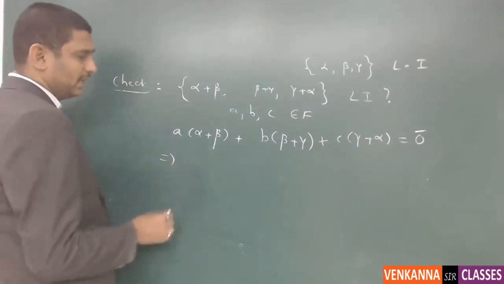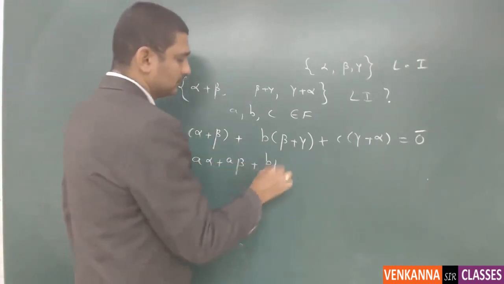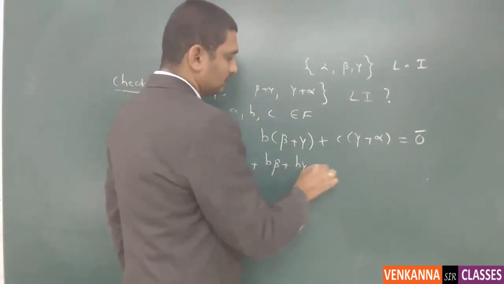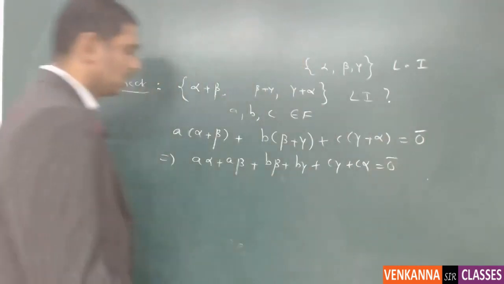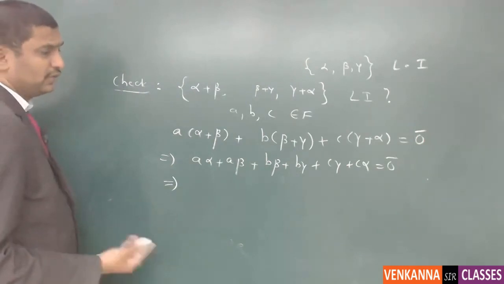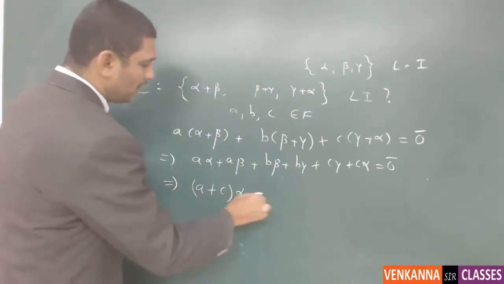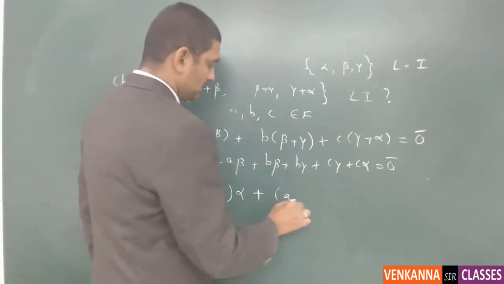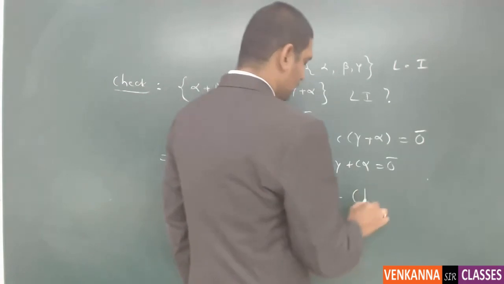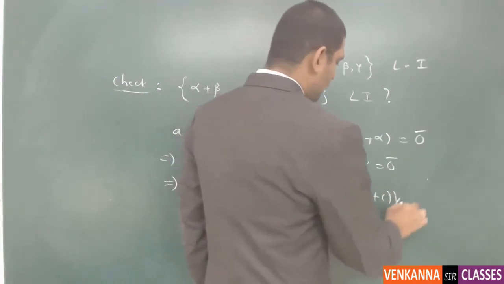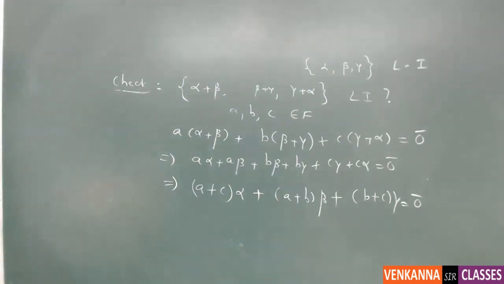If you take A common, you can take one more step. So from this, taking alpha as common: (A plus C) into alpha plus (A plus B) into beta plus (B plus C) into gamma is equal to 0 bar. Accepted?